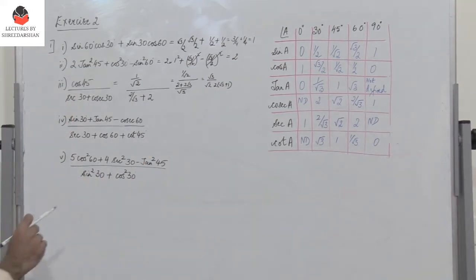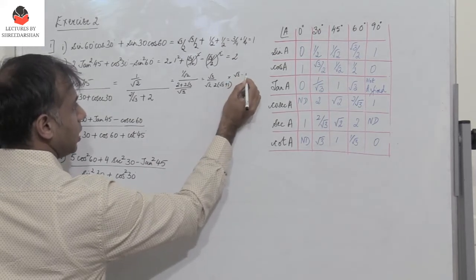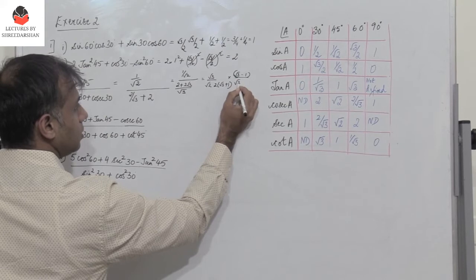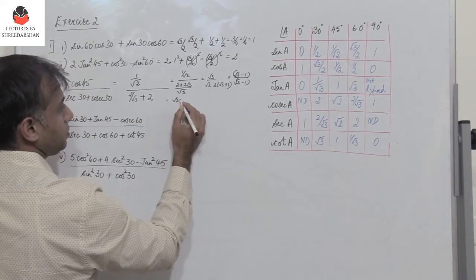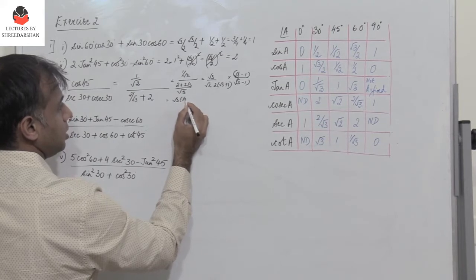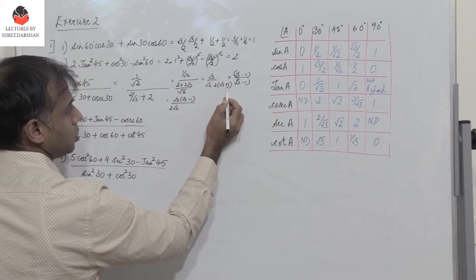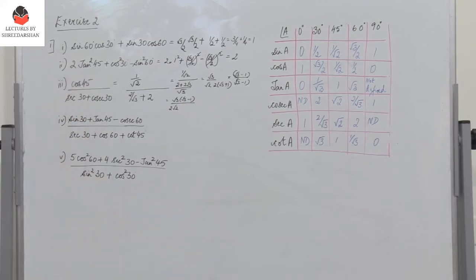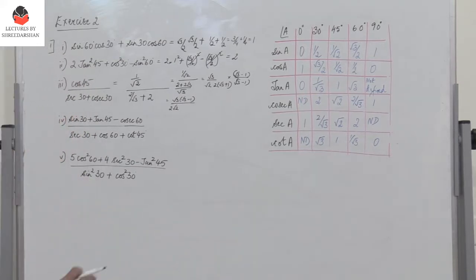Okay, so I need to rationalize this. So in order to rationalize, let me multiply and divide by root 3 minus 1. So I get root 3 into root 3 minus 1. So I have 2 root 2. So root 3 plus 1, root 3 minus 1. So this is the form a plus b, a minus b. So the value is a square minus b square.